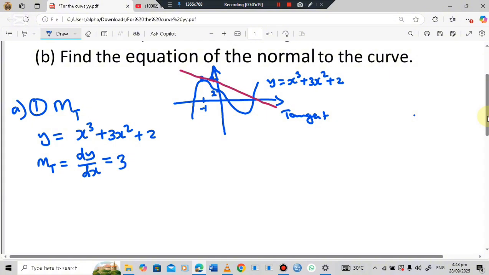So the power 3 will multiply the variable x, and then from the power we subtract 1. Then plus, again, the power 2 will multiply the constant in front of x, so we have 2 times 3, then x, and we subtract 1 from the power 2. The derivative of any constant is 0, and 2 is a constant.